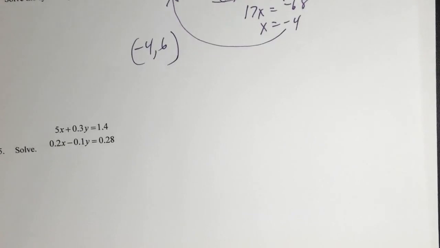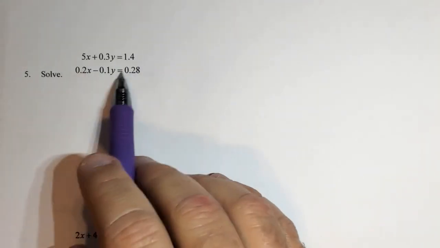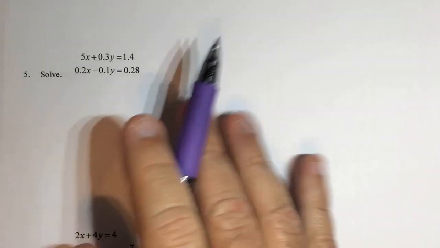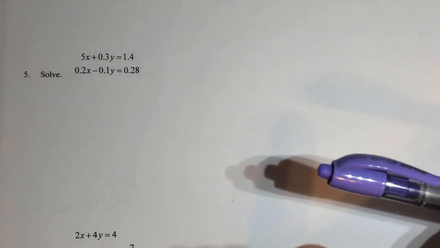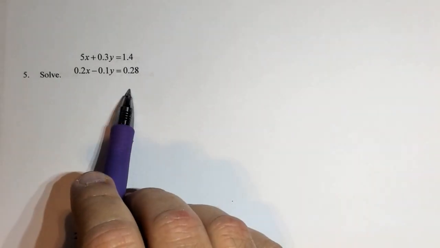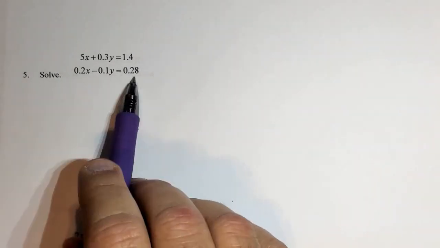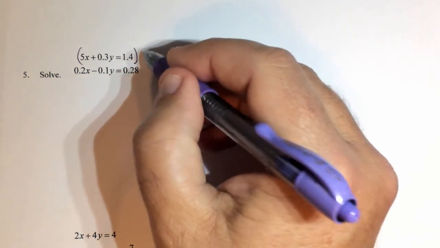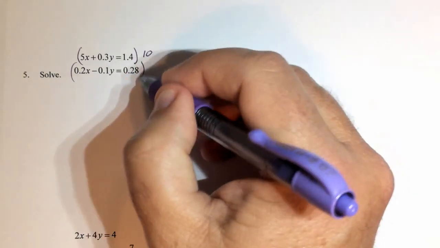If you look at number 5 here, notice this is kind of by itself, and you can do a couple different things with this. But with decimals, since you technically don't get a calculator, we would have taught this as, let's get rid of all your decimals. The way I would get rid of decimals first is multiply this one by 10, and this one by 100.